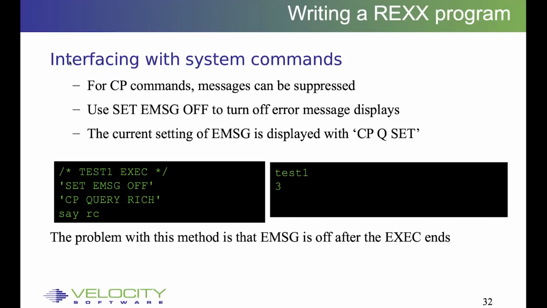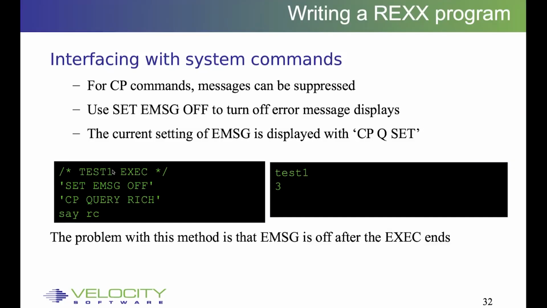For CP commands, we can suppress messages and use the set EMSG off command to turn off message displays. And you can display the current setting of EMSG with CP query set. And I think it's right on the first line, is the EMSG setting.